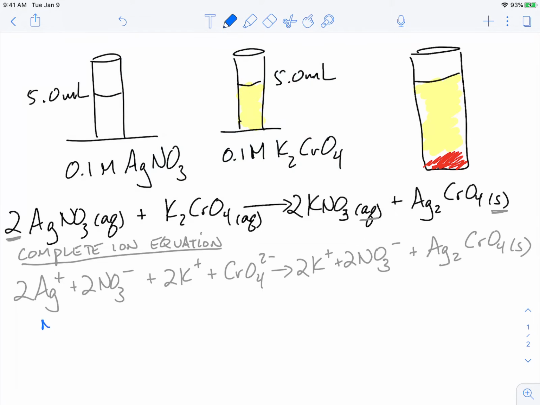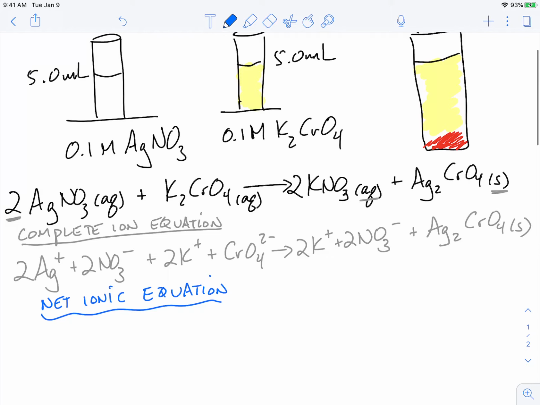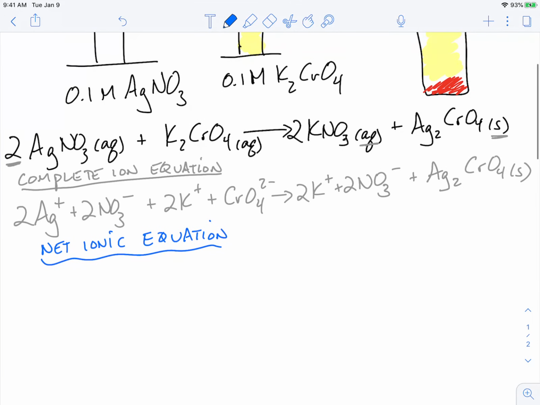Now what we would then do is look at something called the net ionic equation. And in the net equation, we really focus on the things that are changing and reacting. And so a quick way of doing this is to really look at what's forming the precipitate. So we're going to keep our precipitate on the right-hand side, our product side.